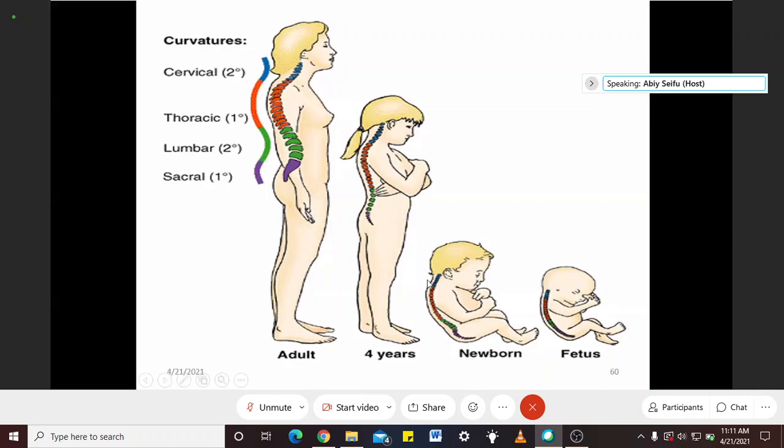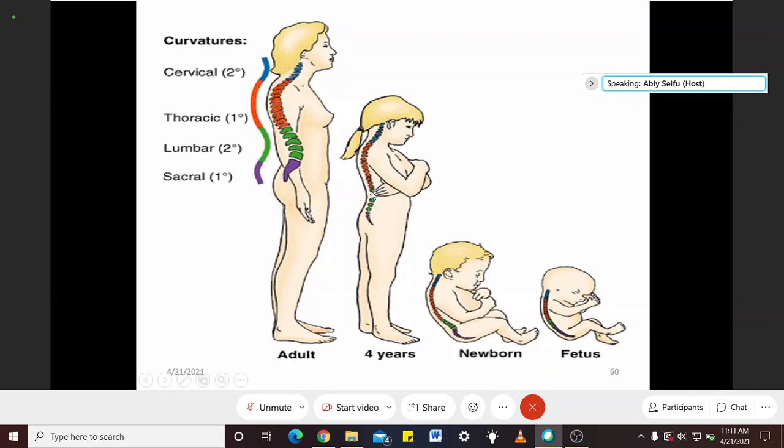Now after birth, they start to develop a secondary curvature. Look at this one, the green one, which is the lumbar curvature, and the neck region. By about 4 years, babies clearly develop the secondary curvatures in the lumbar and cervical regions, in response to maintaining the position of our body and the movement that occurs in these regions.